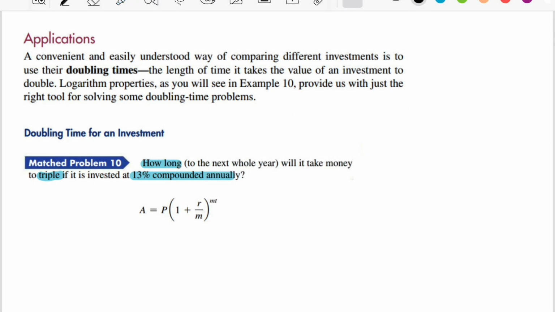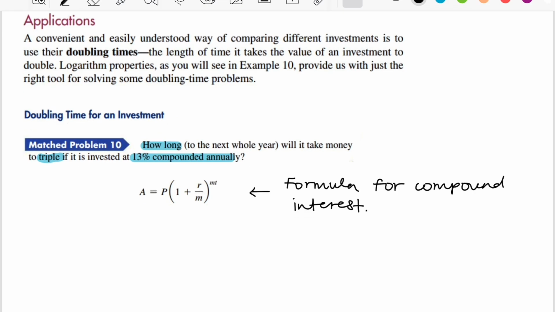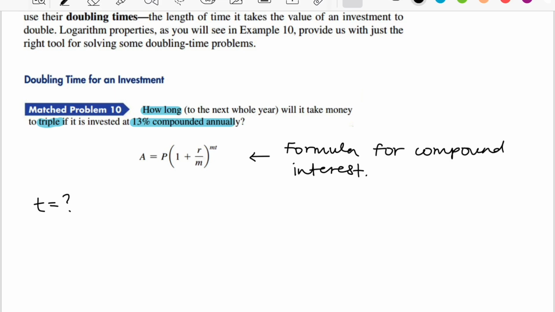So this here is given to us, and this is our formula for compound interest. And what we want is to find t, because it asks how long will it take for this money to triple. So t, we're not sure what that is, that's what we're looking for. But we are given our rate, and that is 13%, written as a decimal, that is 0.13.